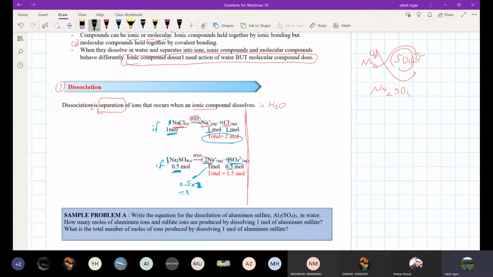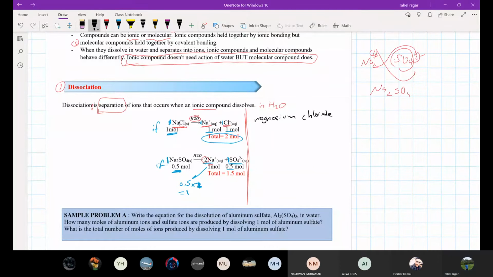Another example, an easier one, so that you can see how to solve this. Let's say I'm going to write magnesium chloride. In the exam, when you see magnesium chloride, you have to know what the formula is. Mg is 2 plus, and Cl is -1, so the 2 comes here, and it becomes MgCl2.